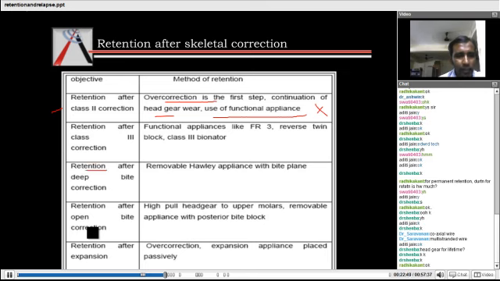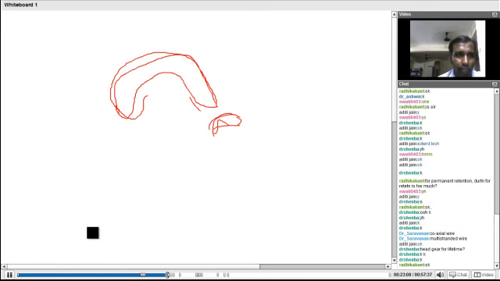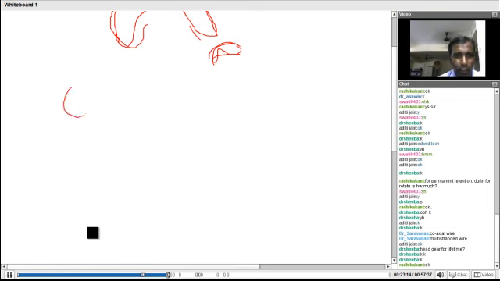Similarly, for a deep bite, the Hawley appliance with a bite plate is given because you have to maintain the bite. Otherwise, deep bite is one of the very difficult malformations to correct, particularly skeletal deep bite. Open bite correction, you can use high-pull headgear on the upper molars with posterior bite blocks. Now I'll tell you why posterior bite blocks are used. You have your upper molar and your lower molar.